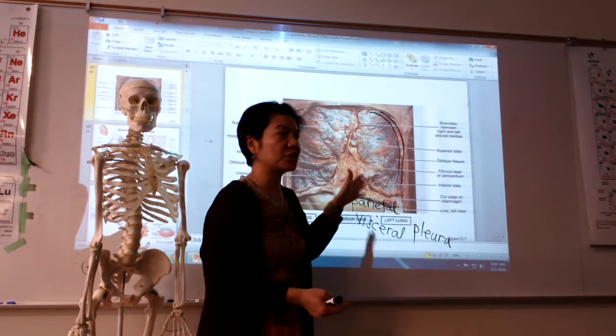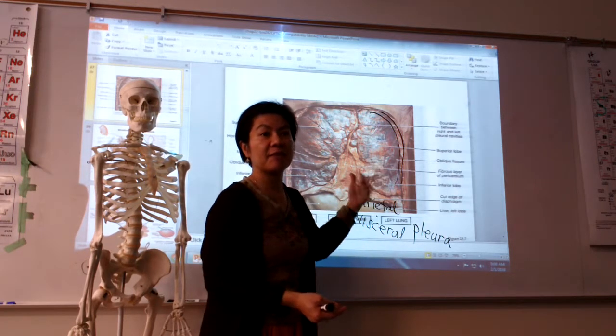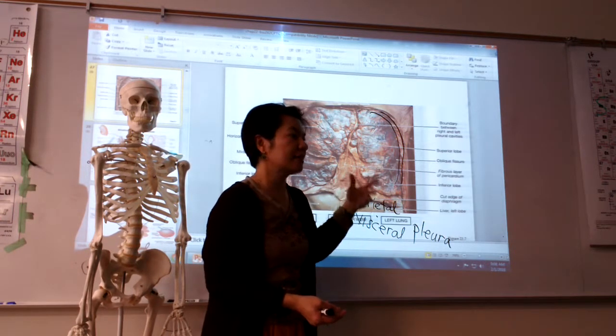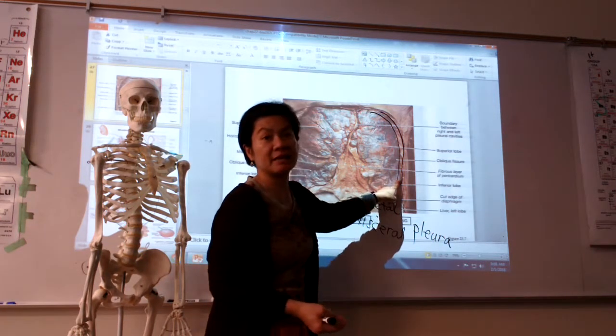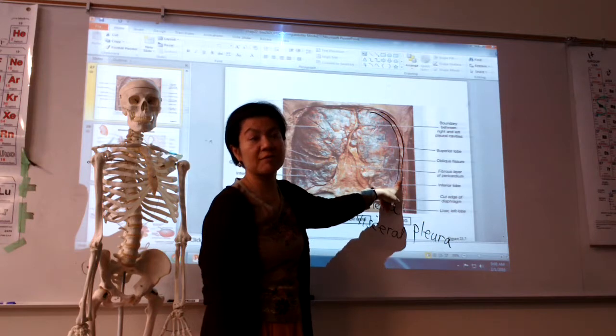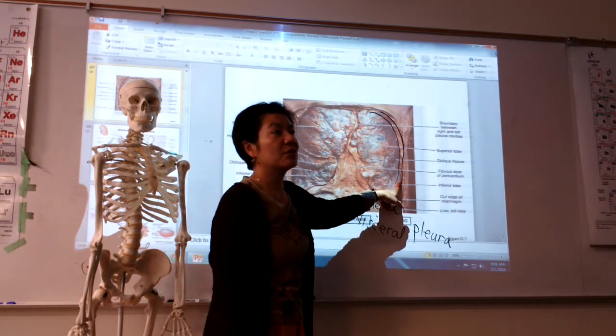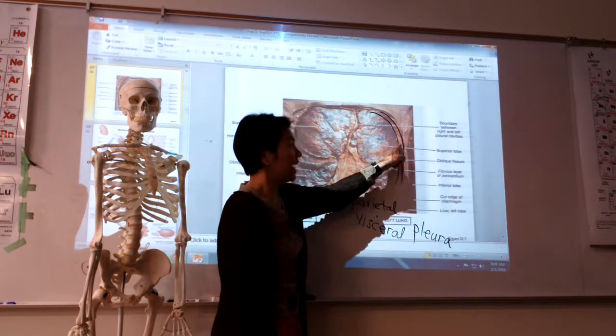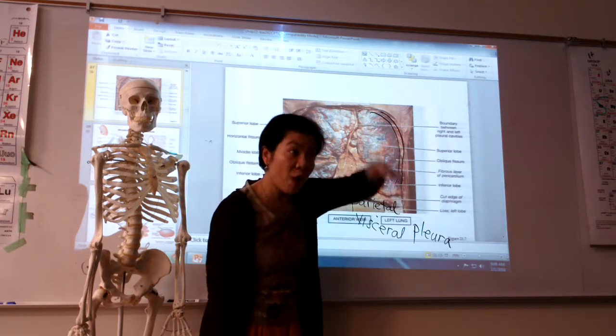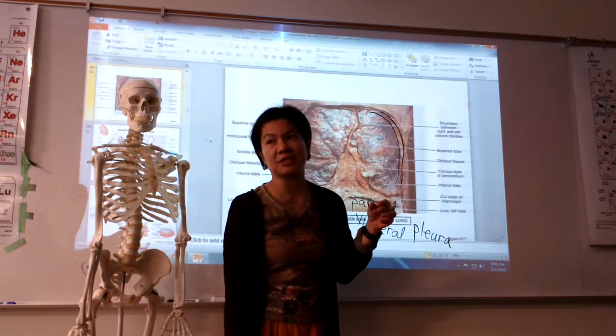And we know the function of the fluid, right? For friction-free breathing, so it's not difficult when you breathe. But there is fluid there, the pleural fluid. Now, we know again water has surface tension, right? Here, in this pleura, we want the high surface tension.